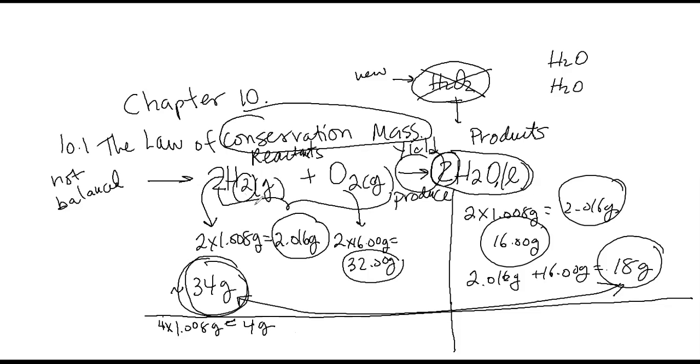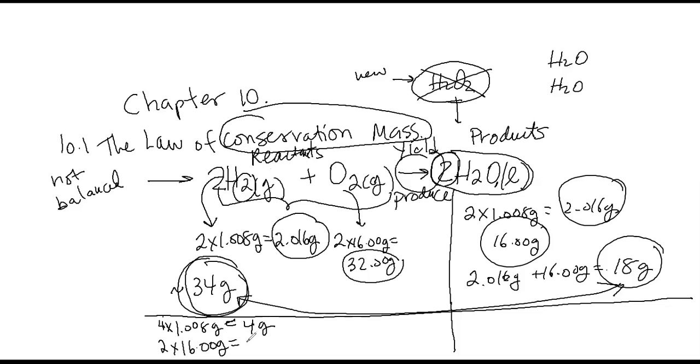Now, you have 1 mole of oxygen molecules. So what is the total number of moles of oxygen atoms? Very important here. We just calculated the total mass of hydrogen based on number of atoms. Now we're going to do the same thing for oxygen. 1 times 2, we get 2 times 16.00 grams.